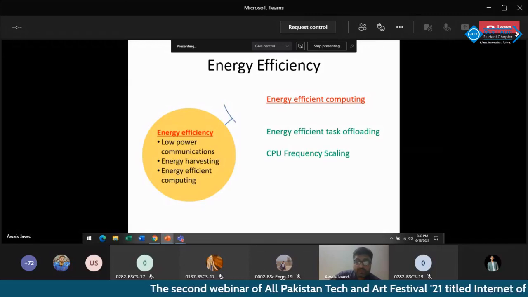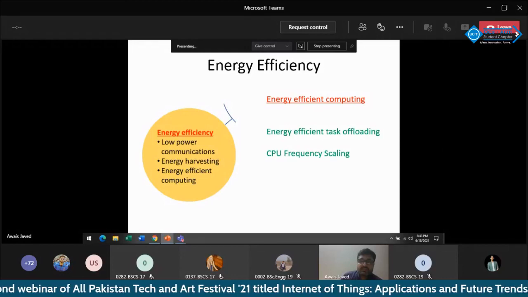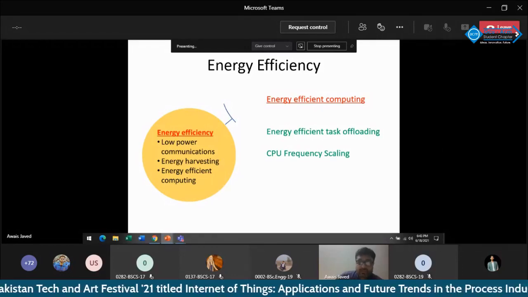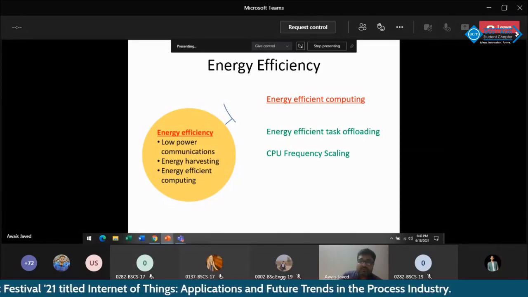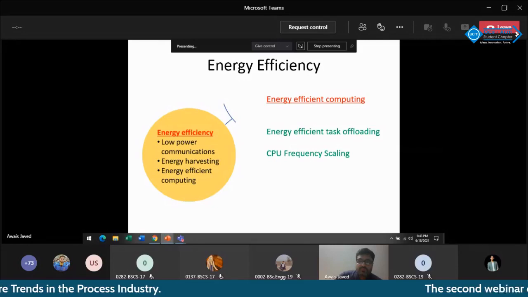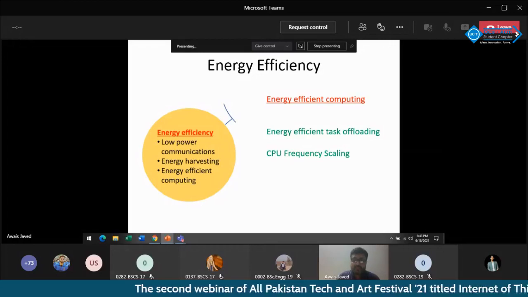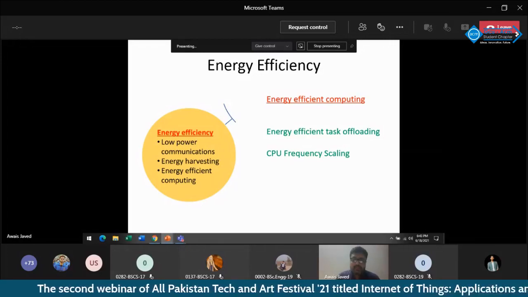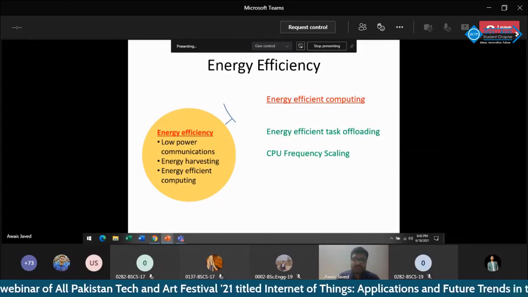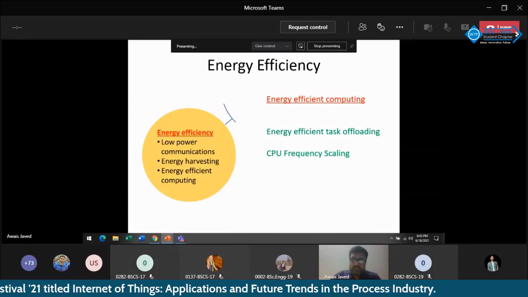A big challenge is how you can harvest energy and transmit energy at the same time, or what time you can switch to the harvesting antenna, and what time you switch back to the transmitting antenna. So energy harvesting has a lot of challenges and a lot of opportunities for developing intelligent energy harvesting protocols.